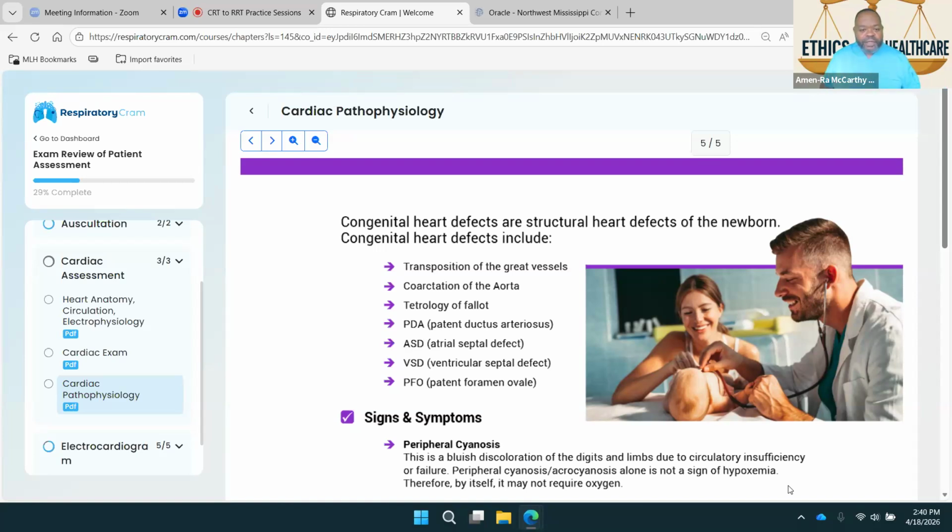And then we talked about coarctation of the aorta, tetralogy of Fallot, PDA is patent ductus arteriosus, ASD, VSD, and PFO. So go back and look at those in your peds part, because those are some of the things we see with our newborns that have to be fixed immediately.